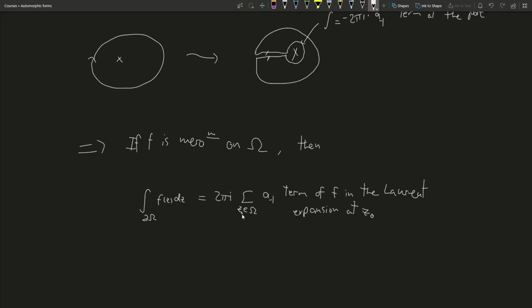So at each z naught in the domain, you look at the Laurent expansion, you look at the a minus 1 term, and you sum those up and you multiply by 2 pi i, and that gives you the value of the integral along this contour. And this is a very powerful fact. So this quantity here has a name. It's denoted res at z equals z naught of f, and it's called the residue.